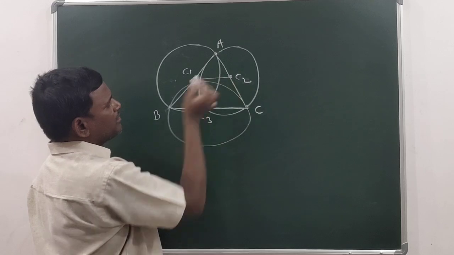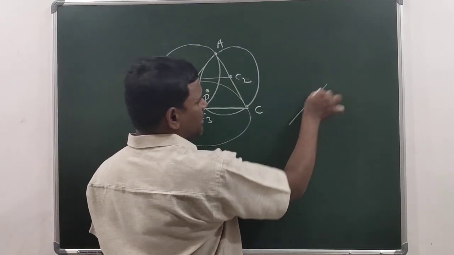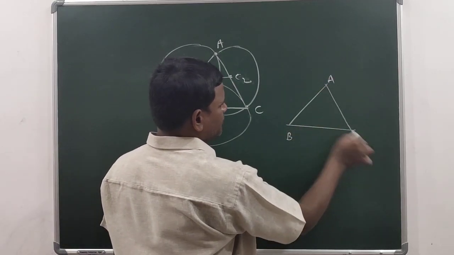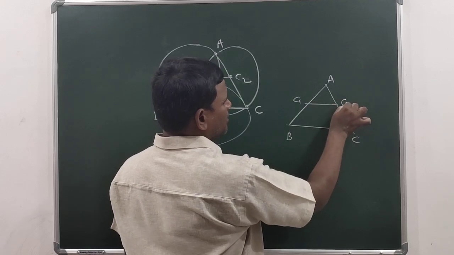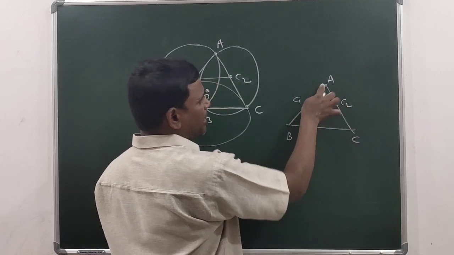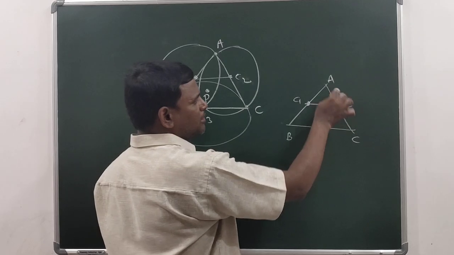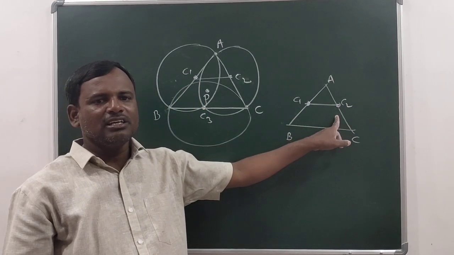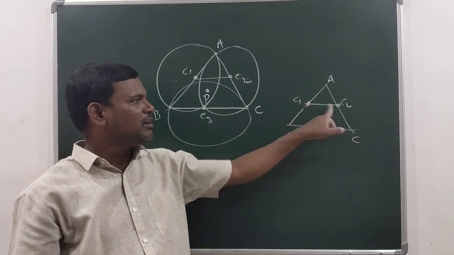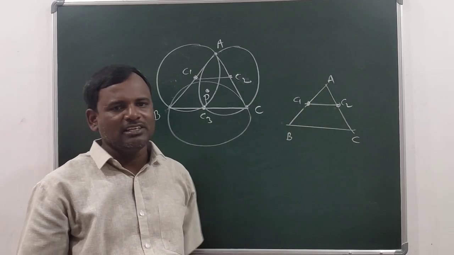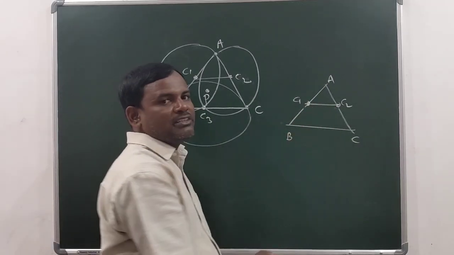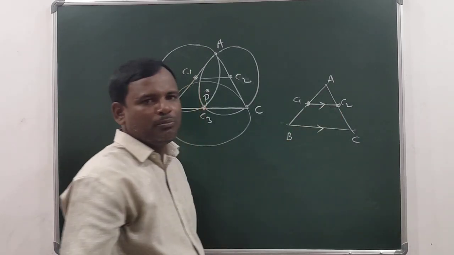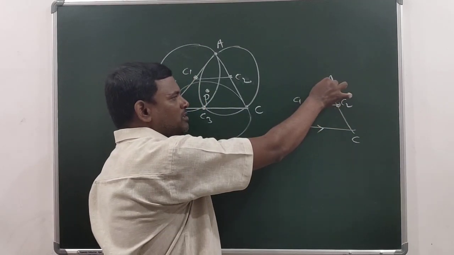Now if you connect C1, C2, you get a diagram like this. This is C1, C2. This is the midpoint of AB and this is the midpoint of AC. Hence C1C2 is a line segment joining the midpoints of AB and AC. Then you know the midpoint theorem of triangles: C1C2 will be parallel to BC. Now this is what?